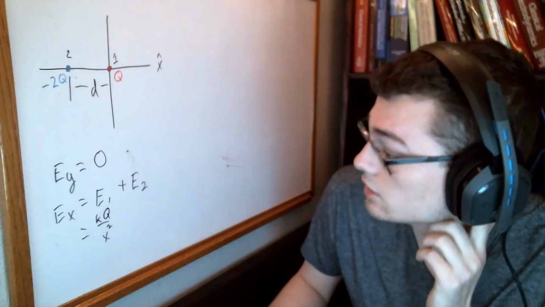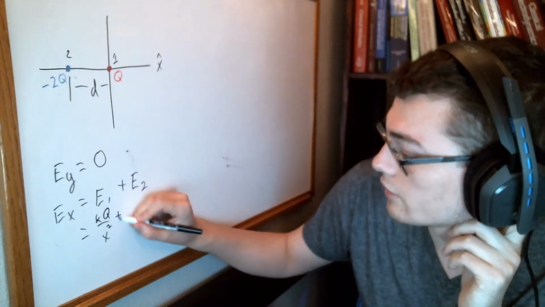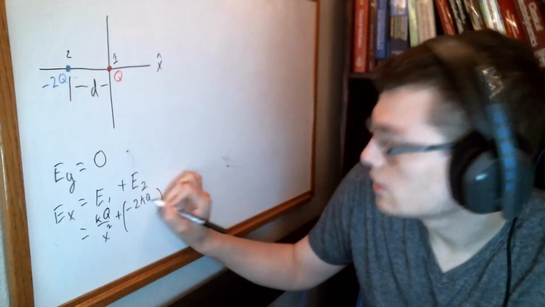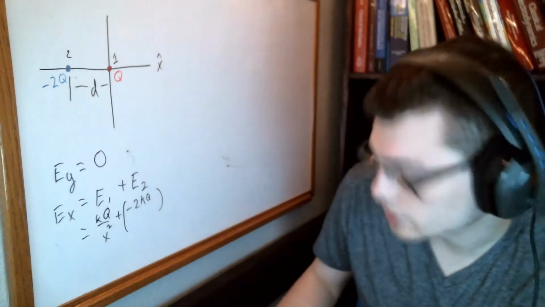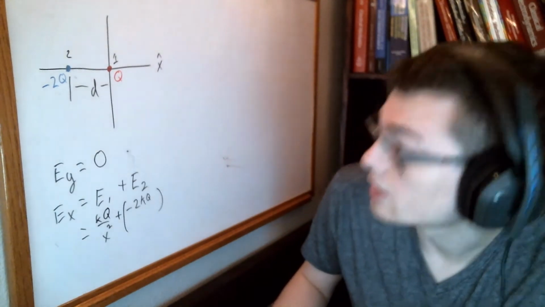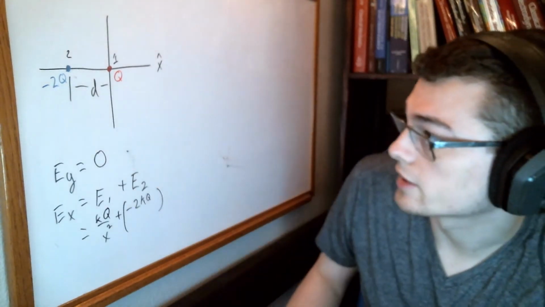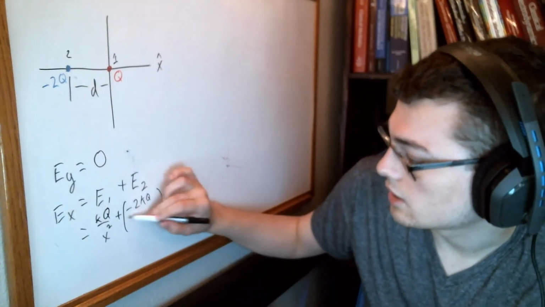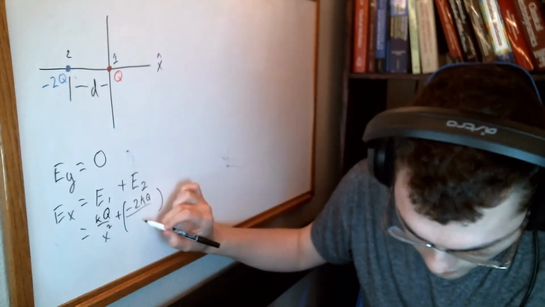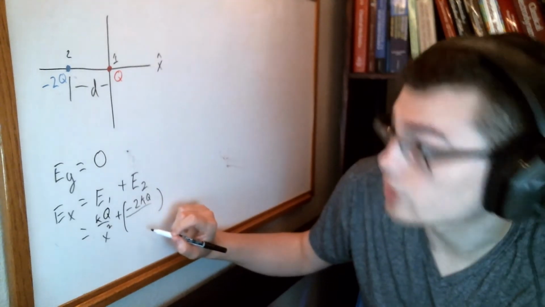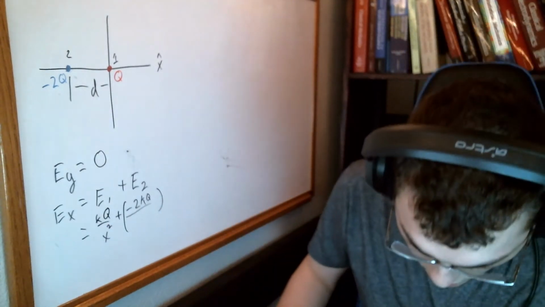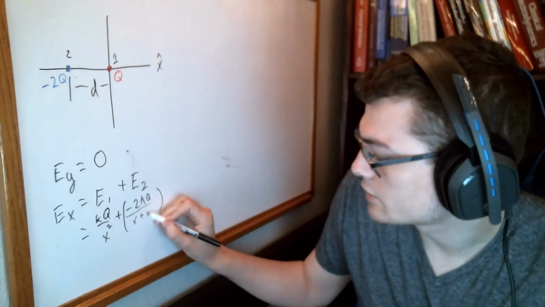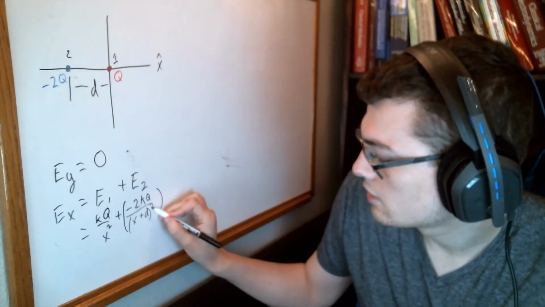Then here we're going to have plus minus 2kq because of the magnitude of the charge, and minus from the fact that it's a negative charge. And then we'll divide this by the distance from this charge, taken from the origin, so in this case we're going to have x plus d squared.